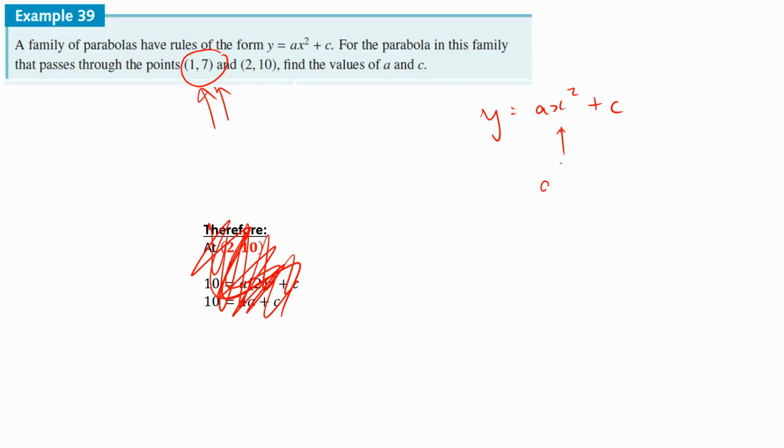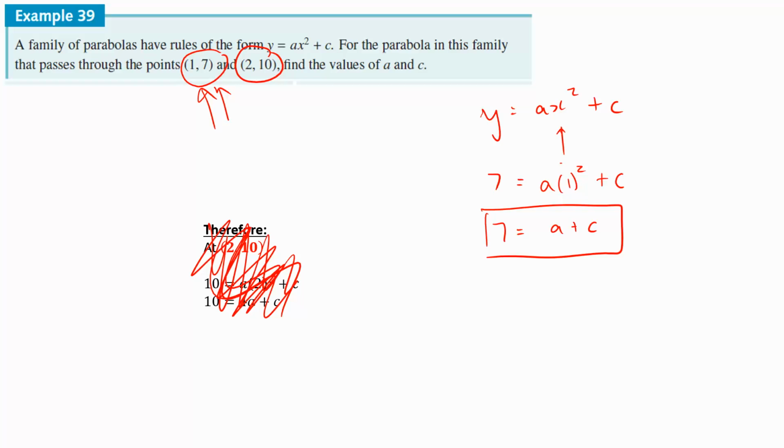So when x is 1, you get a times 1 squared plus c equals 7. See all I'm doing is substituting the coordinates. I sub it in and I get one equation. I get 7 equals a plus c. Is that easy? Yes? Okay. But then that means I've also got (2, 10).